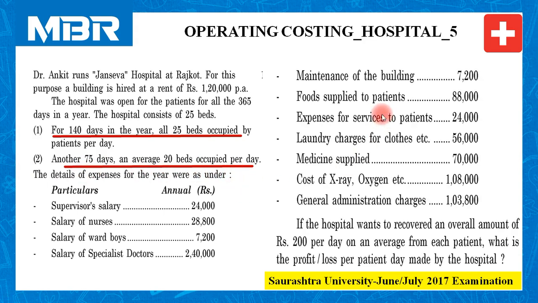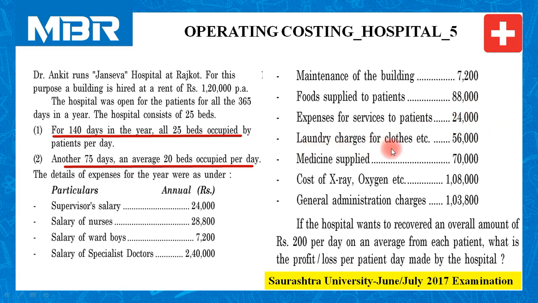In the second part of the question, again a few expenses are given. Maintenance of the building 7,200. Food supplied to patients 88,000. Expenses for services to patients 24,000.